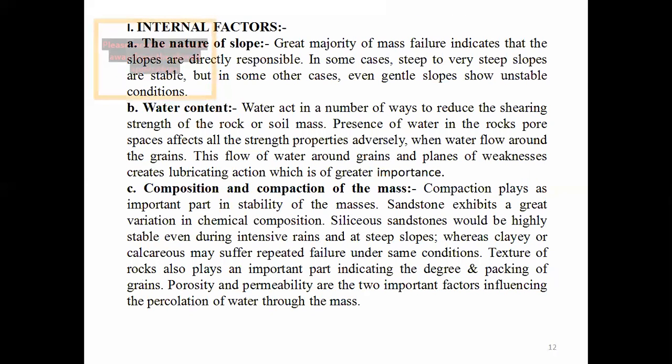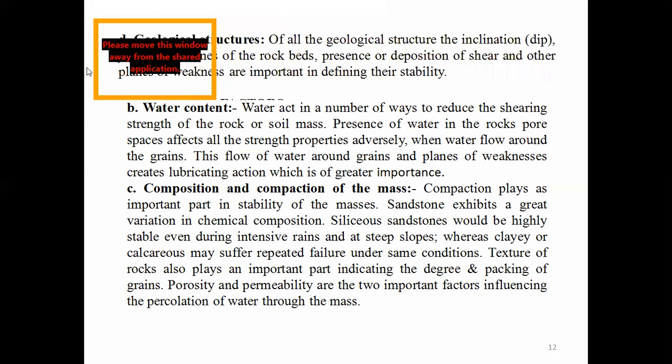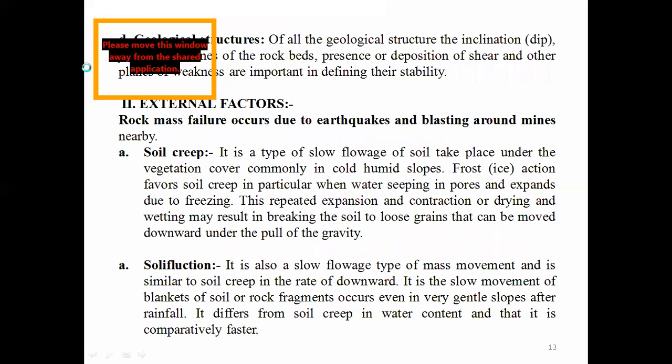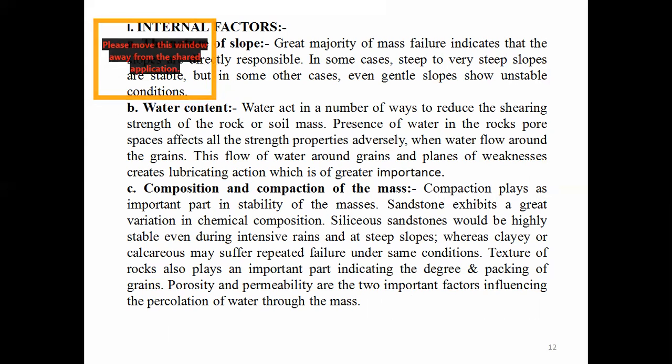If you are talking about the internal factors, the first is the nature of the slope. What are the different types of internal factors? The great majority of mass failures indicate that slopes are directly responsible.